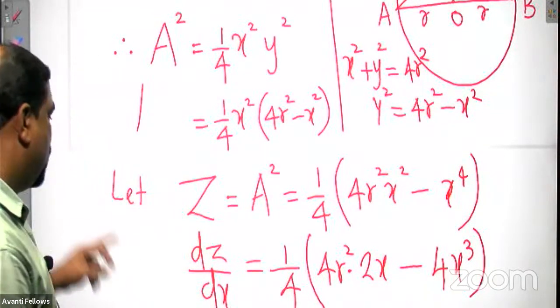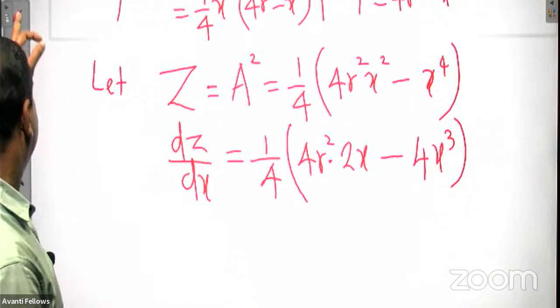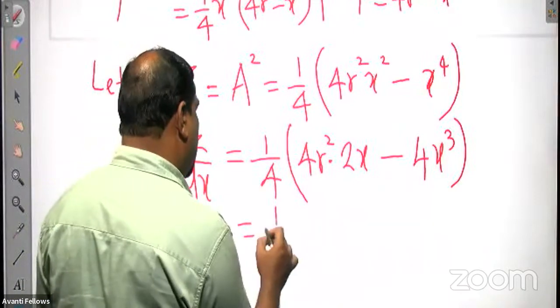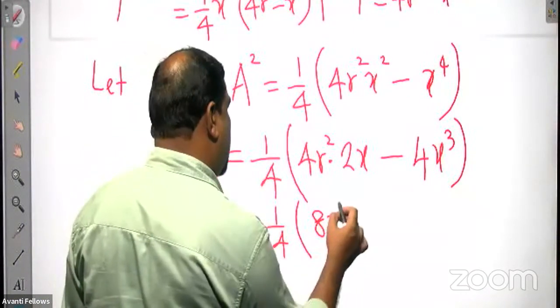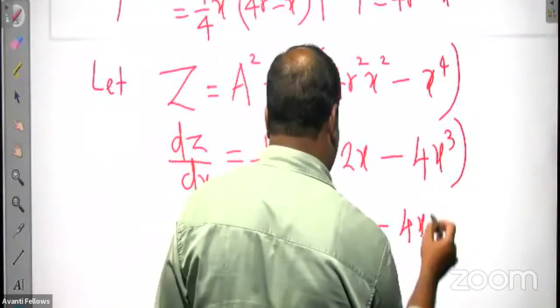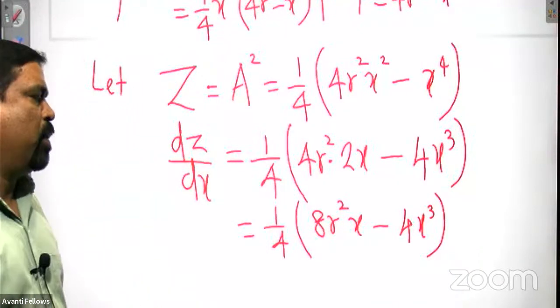So this is our dz by dx. That can be further modified: 8r square x minus 4x cube.